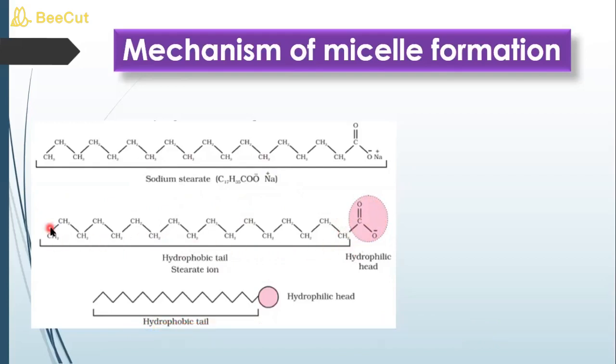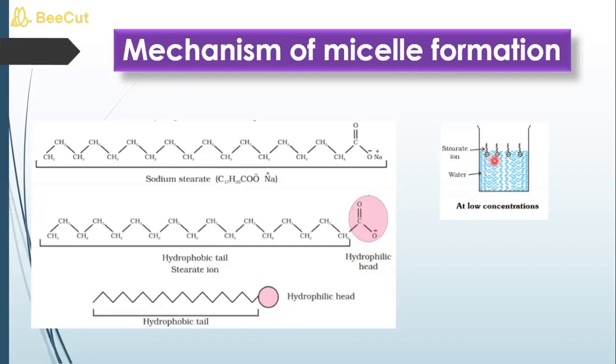If you look at the structure of this portion, it is a tail and it is hydrophobic in nature. And here the COO minus group is hydrophilic in nature and it serves as the head, and this can be simply represented like this structure. In RCOO minus, since the R group is hydrophobic in nature, it remains at the surface, and COO minus being hydrophilic in nature, it remains inside the water.